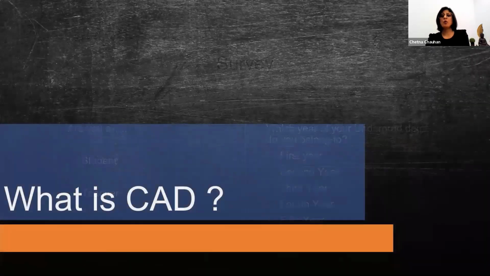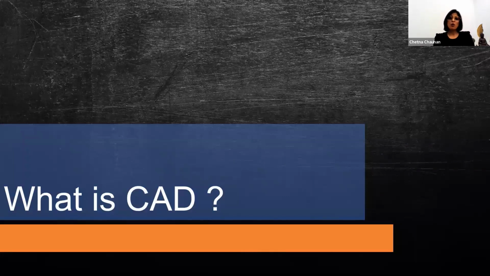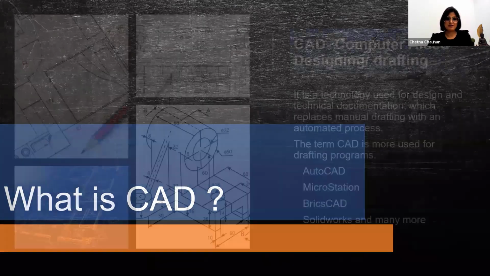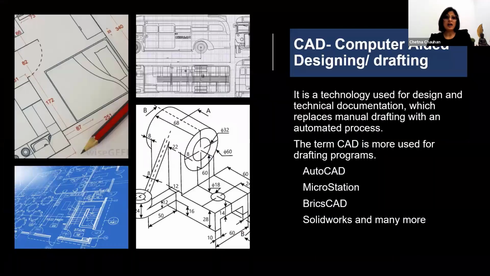Let's talk about what is CAD. So for me, CAD is computer-aided designing or computer-aided drafting. But what I look at CAD as is a digital drawing board. I don't know how many of you still use the big drafting boards and go to university with those big cases for sheets or not?